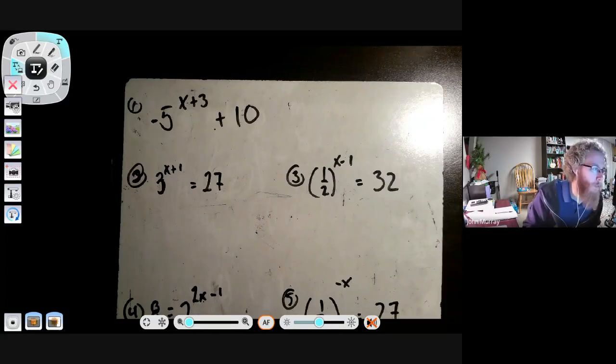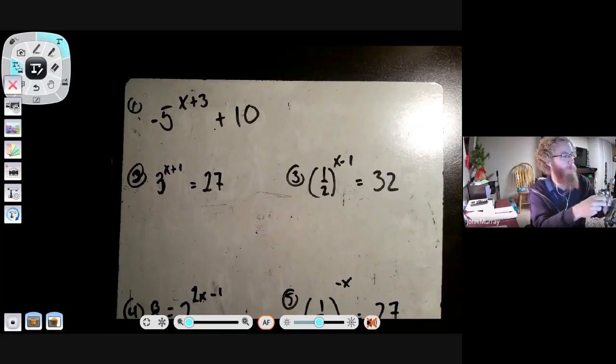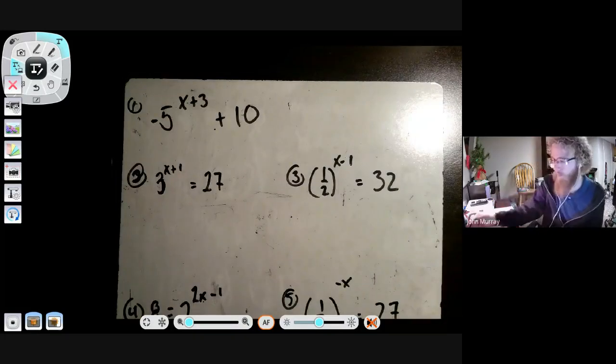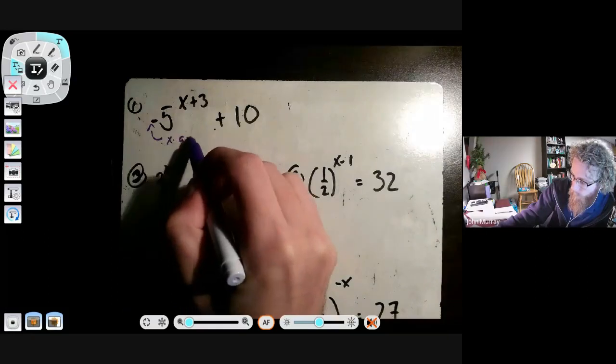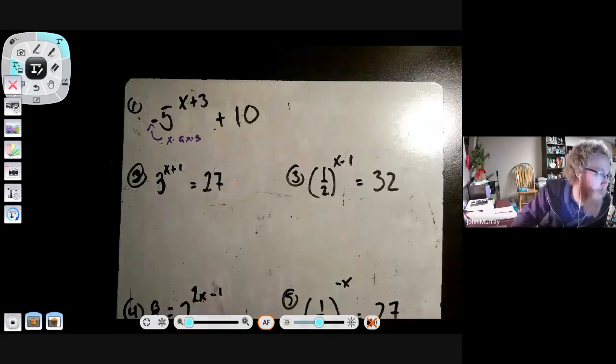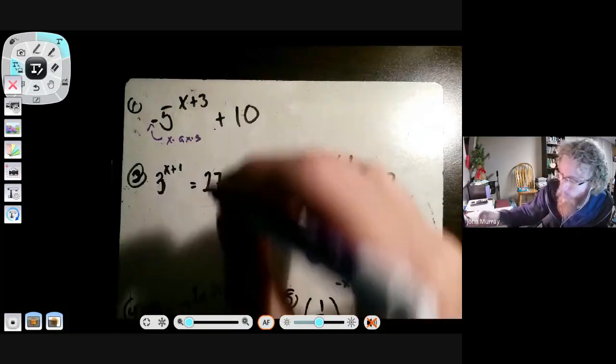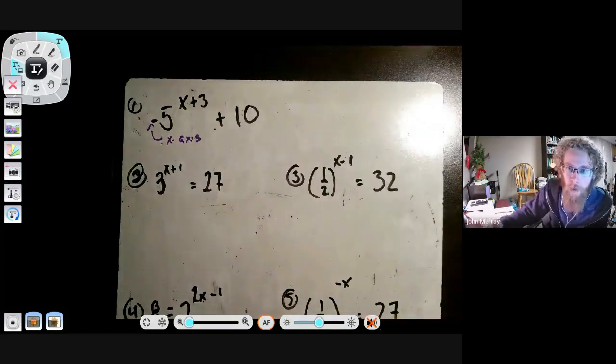I think you all picked the right answer for that one. Good. It is a reflection over the x-axis. All right, so that was the first part. That's one of your check marks.